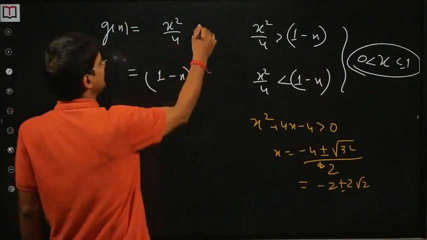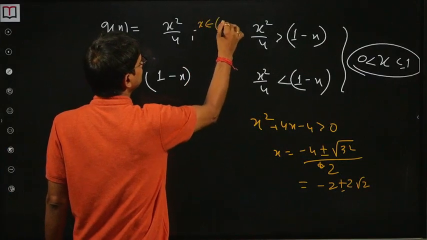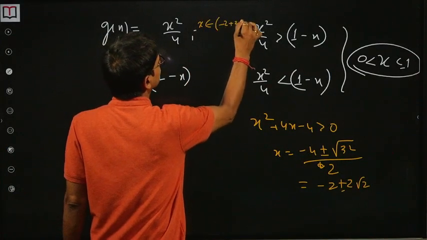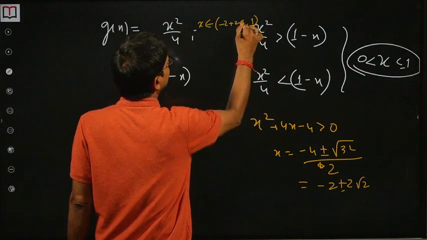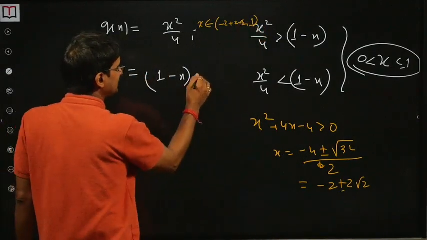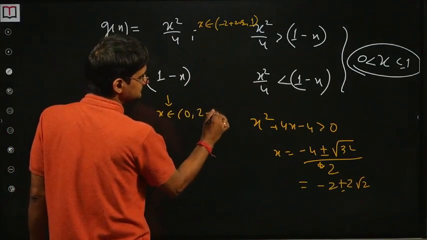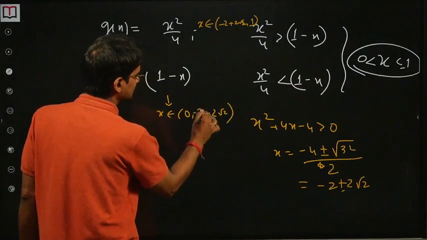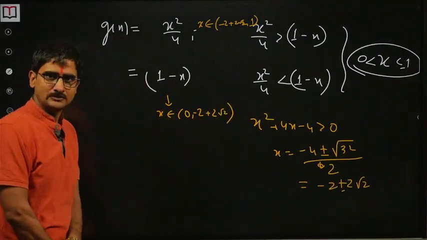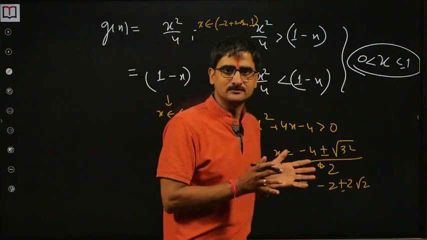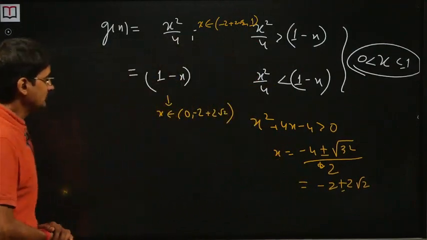So this is when x lies between −2 + 2√2 and 1, and the other will be when x lies between 0 and −2 + 2√2, because it is less than 0 between the roots. I think you all will be able to do it.